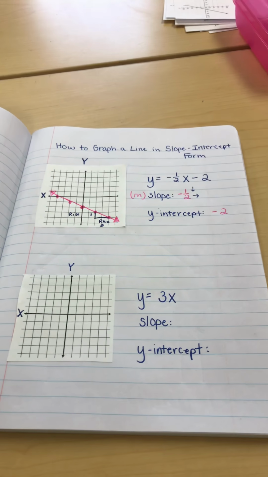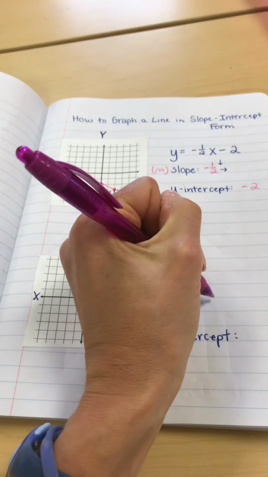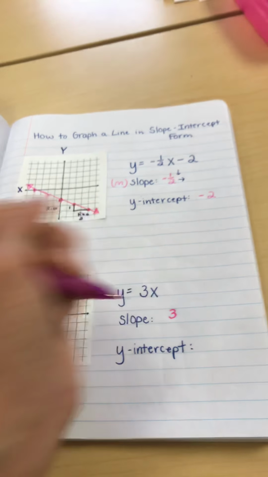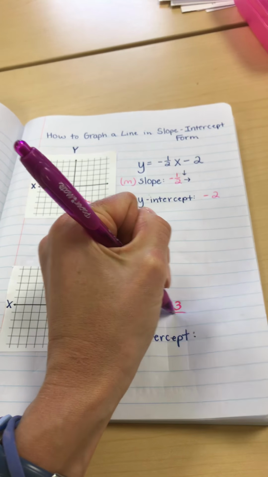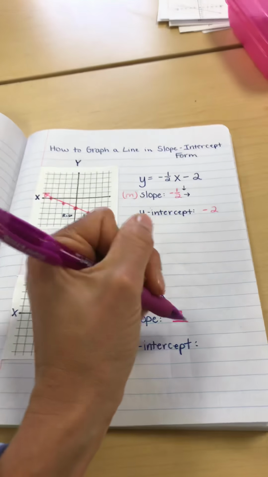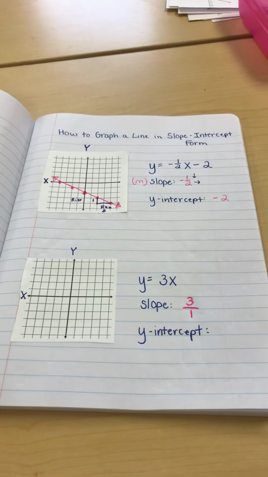So the slope is always next to the x, so our slope is 3. If the slope is not a ratio, we're going to make it a ratio. So 3 as a ratio is the same thing as 3 over 1. All right.